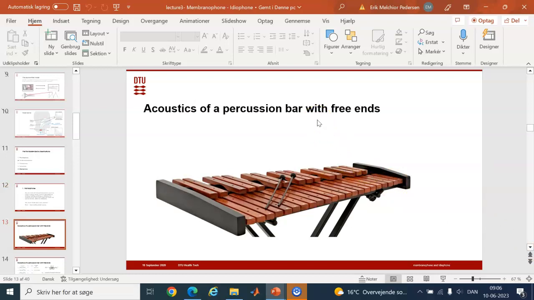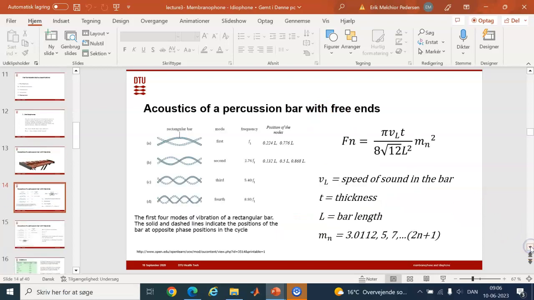Acoustics of a percussion bar with free ends. A regular bar has a first mode, a second mode, a third mode, and so on.